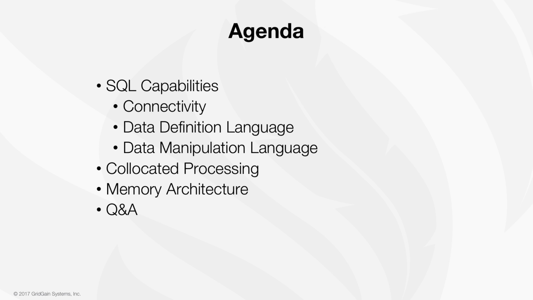I'm going to give you some insights on how to exploit this collocated processing technique in practice. And finally, once we are getting closer to the end of this conversation, I want you to form some understanding of what the memory architecture of Ignite looks like and how the SQL engine and the distributed storage are coupled together. Throughout this conversation, I'm going to beef up my theoretical part with a variety of samples.